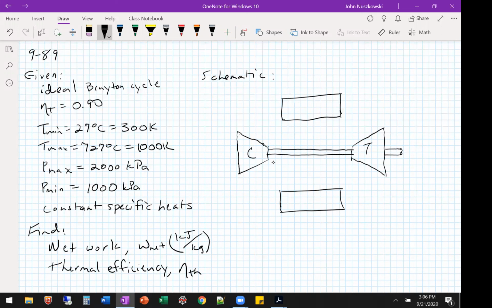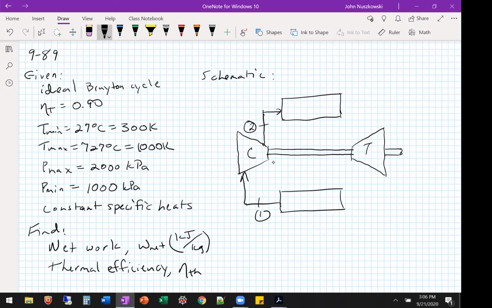So we start, and we go into the compressor. So this is state 1, going into the compressor. We come out of the compressor at higher pressure and temperature, and we go to state 2.